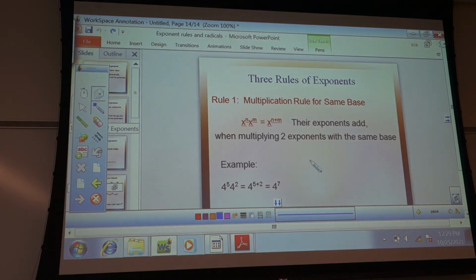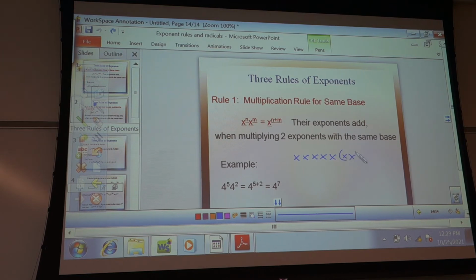And we know that because if I had x being multiplied 5 times, multiplied by x being multiplied 2 more times, altogether it's x to the 7th. This is x to the 5th times x to the 2nd, x to the 7th. You have 7 of them being multiplied.